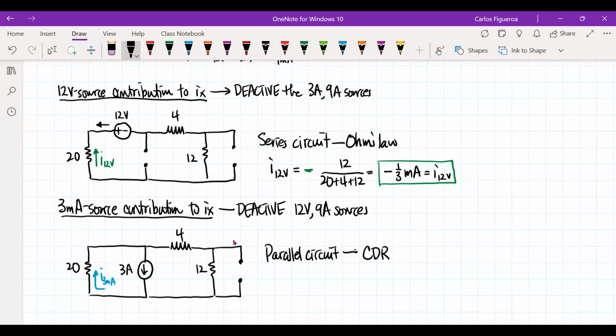If I want the current of the 20 ohm, it's got to be the opposite resistance, which is the 4 plus the 12, divided by the sum, and then this is a 3 milliamp source. When I calculate this, I get 4/3 milliamps for my contribution from the 3 milliamp source.